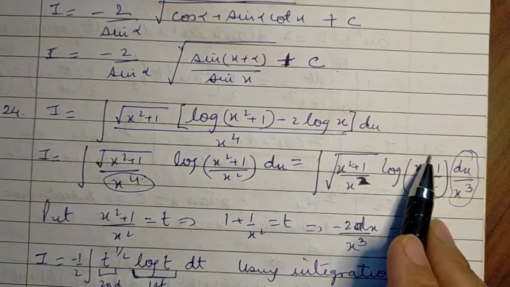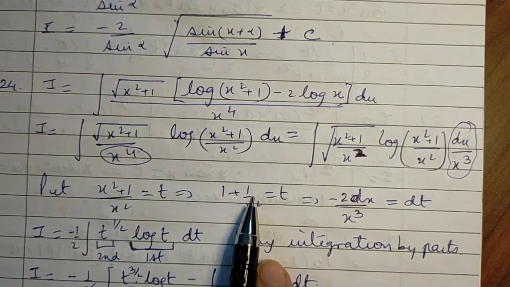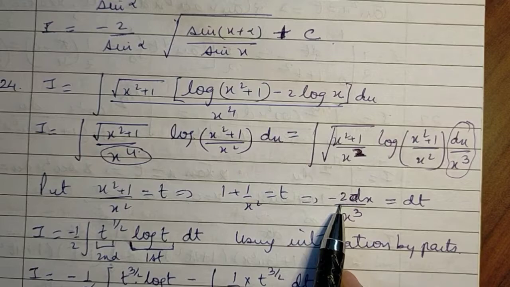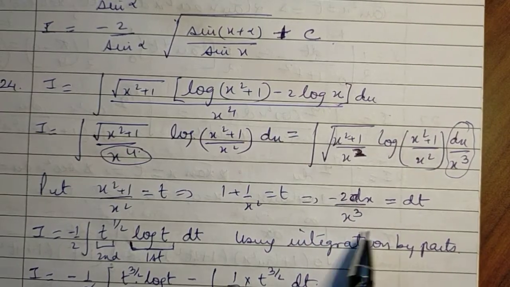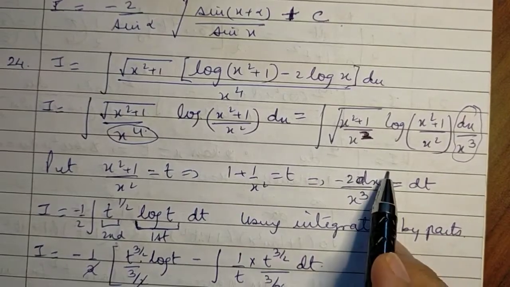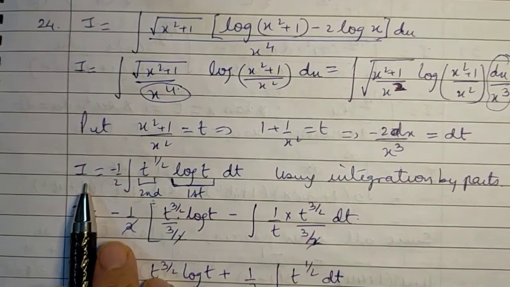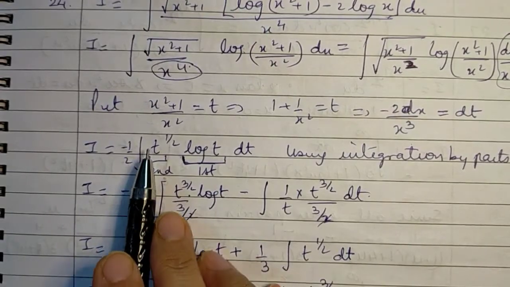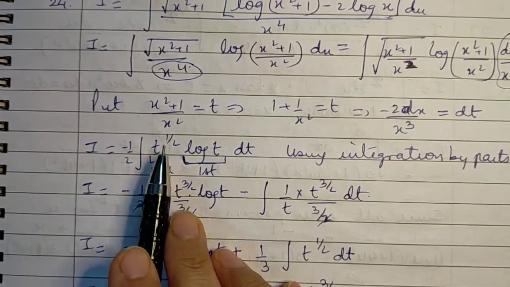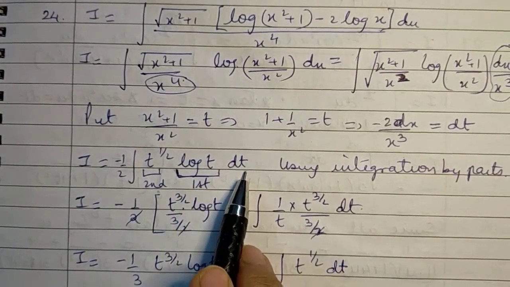Now we put this term as t, which means 1 plus 1 upon x squared as t. So we get minus 2 dx over x cube as dt. Substituting, dx over x cube gets absorbed in dt, and so we get I is equal to minus half integral of t raised power half, because of this term, log t into dt.